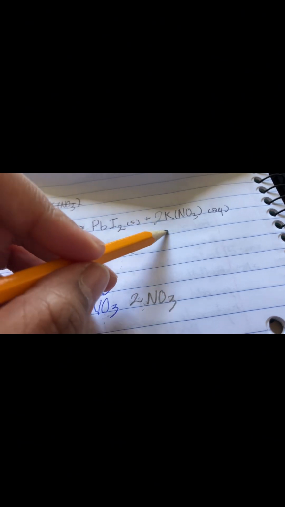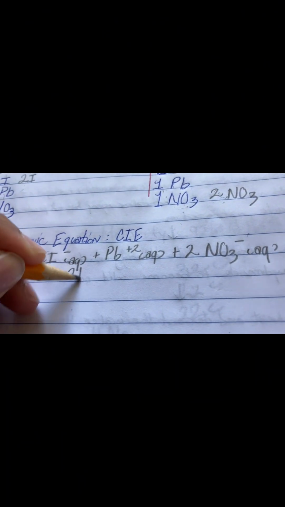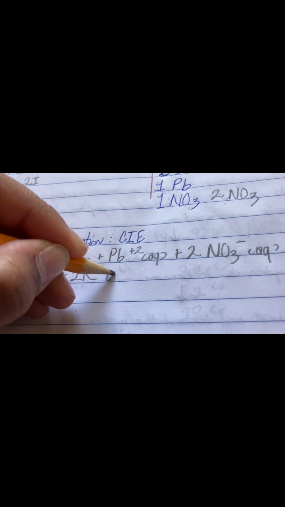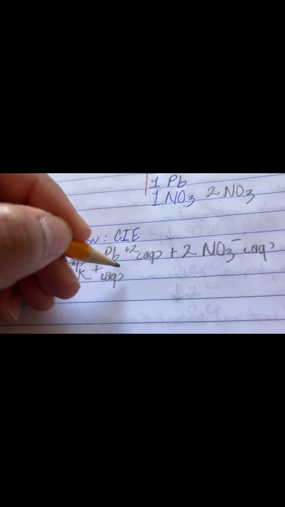And then this one actually is one we split. So you have 2 potassiums, and like I explained earlier, it has a positive 1 charge. And then we have the nitrate again, and that, like I said earlier, has -1 charge.